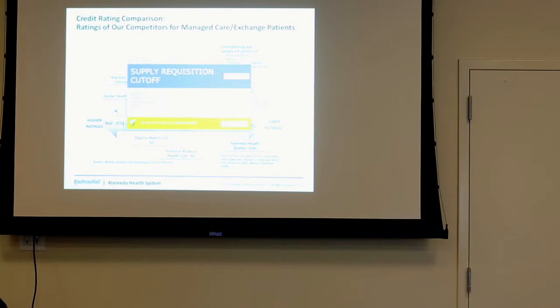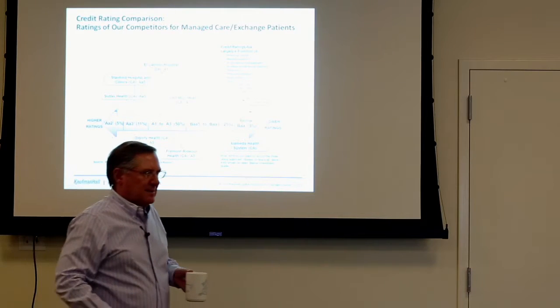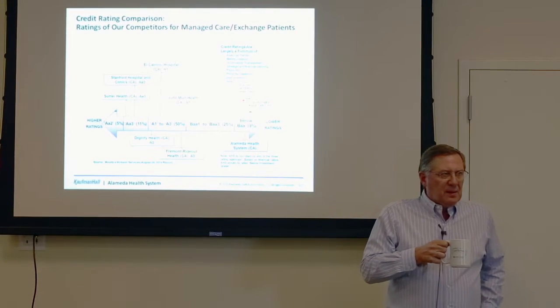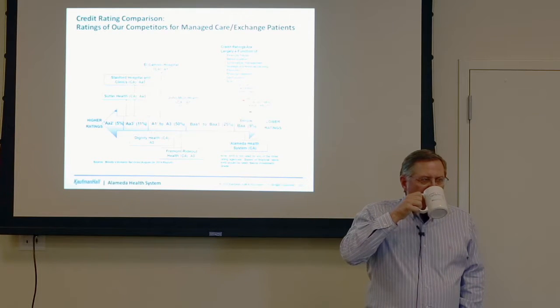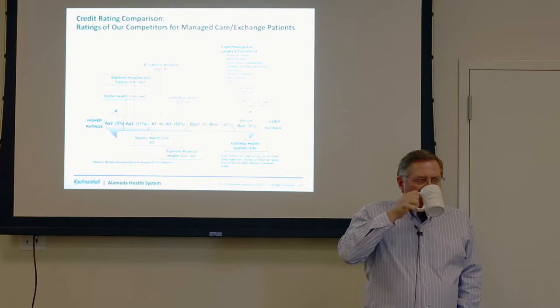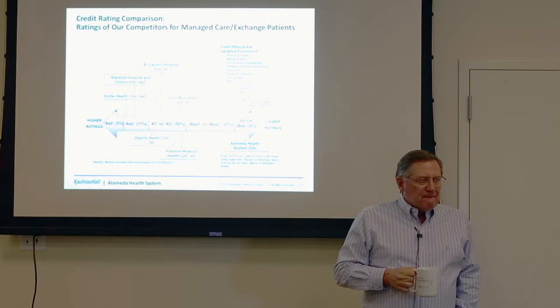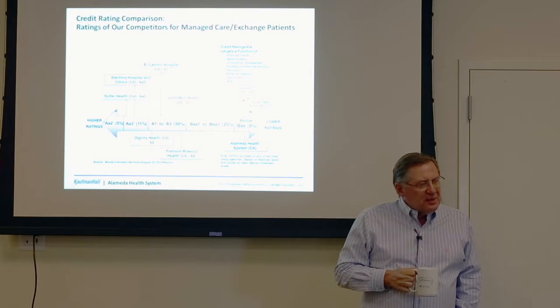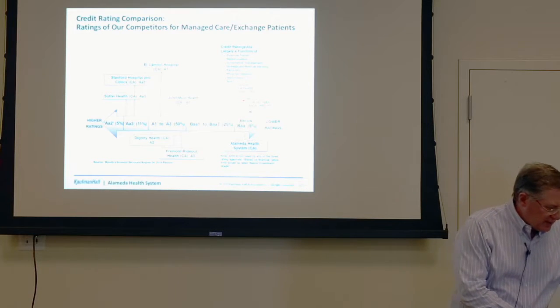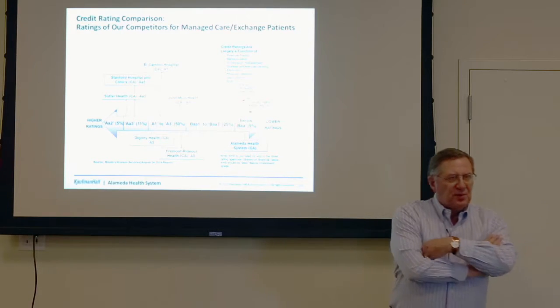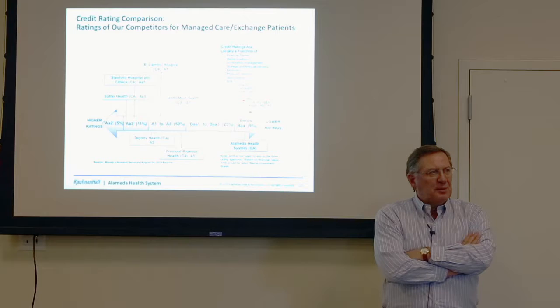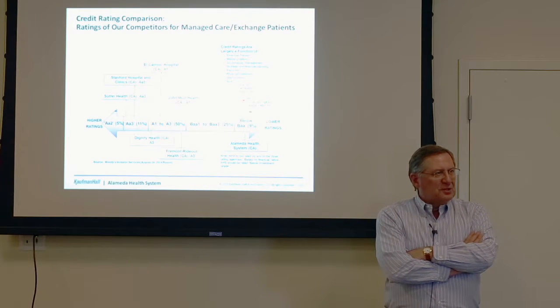Okay, are there any questions about credit ratings? So David, based on the strategy that you said was incorrect prior to getting here, why did the board not recognize that and correct the strategy, or recommend correcting the strategy? I think they just didn't understand it. One of the questions for the other group was, how did you orchestrate this turnaround? The first thing is just getting everybody on the same page with real information and what's practical and reasonable.